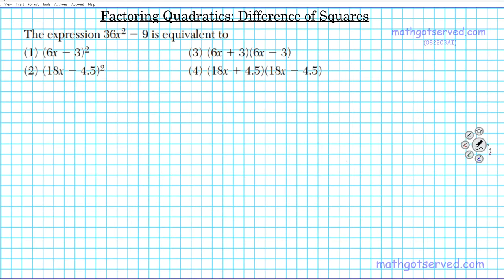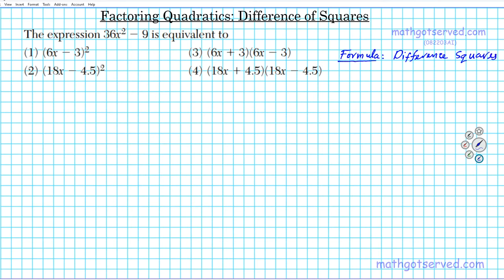To get us started, let's refresh our memory on the formula for factoring difference of squares. If you take a look at the name, it tells you exactly what the formula is comprised of.